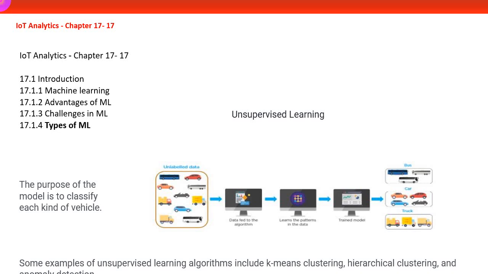In that you kept 5 bananas, 5 apples, 5 oranges in a bowl, and you are asking the student or child, hey, can you identify what this is? Then what is the student or child doing? He is segregating: 5 bananas in one place, 5 oranges, 5 apples, something like that.